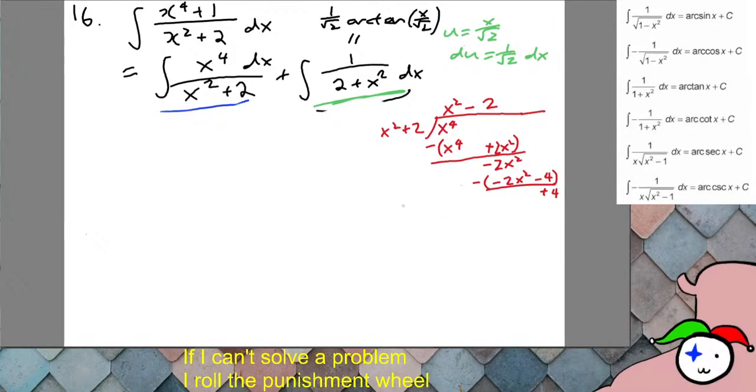So then you can say x to the 4 over x squared plus 2 equals x squared minus 2 plus 4 over x squared plus 2.